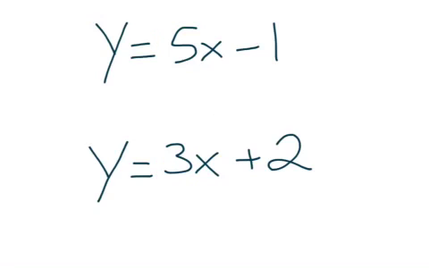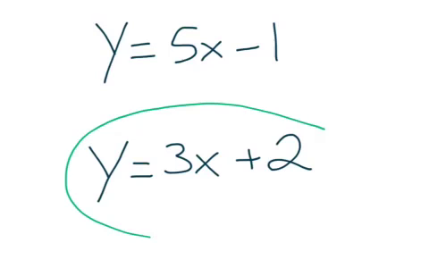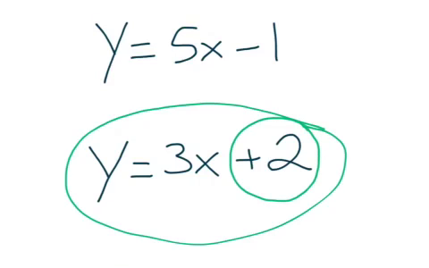Now, which one do you think crosses the y-axis at a +2? If you said this one, you would be correct. It crosses the y-axis at a +2. This equation crosses the y-axis at a -1.